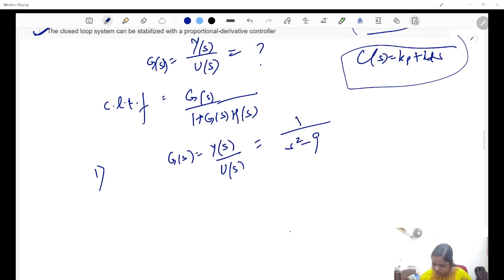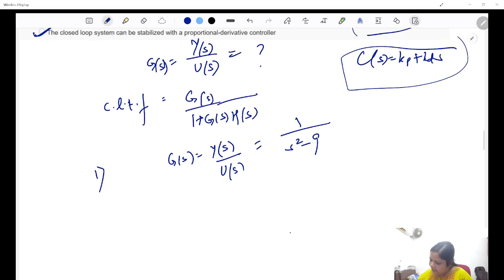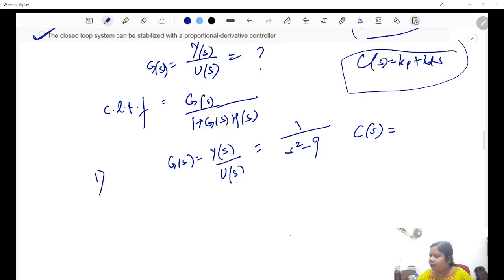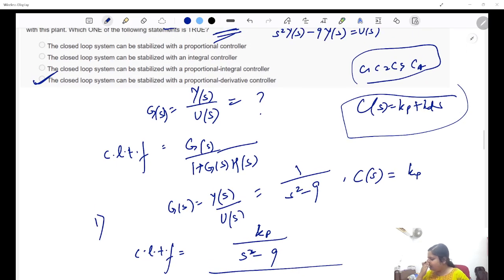Now, after this, let's say our controller transfer function is just Kp, just a P controller. Then when we try to find the closed loop transfer function, we have to do Gs into Cs, right? We can't skip it. So here it would become Kp upon s square minus 9.